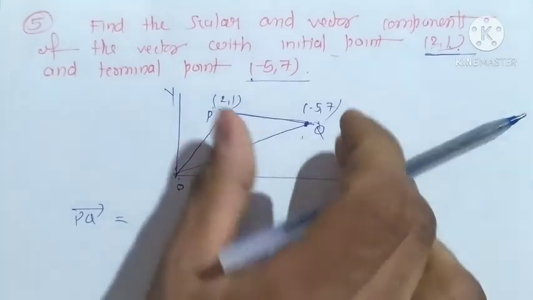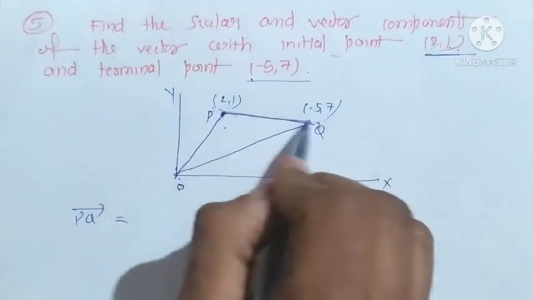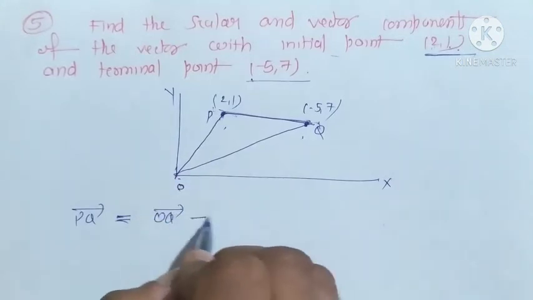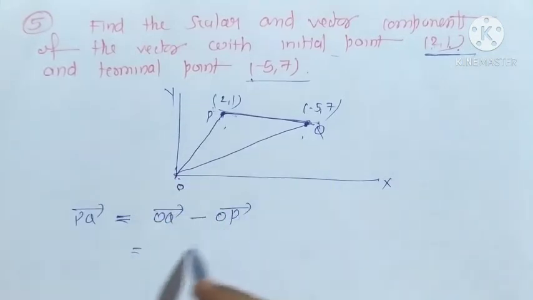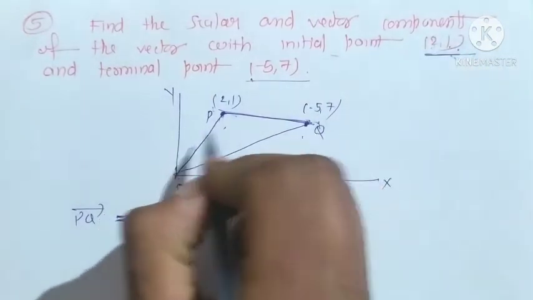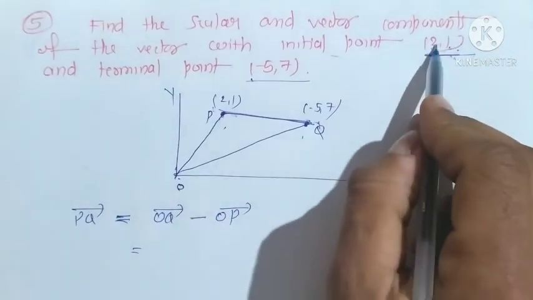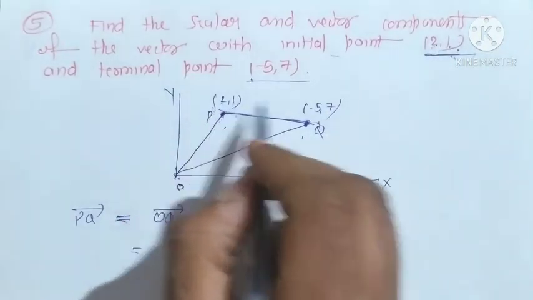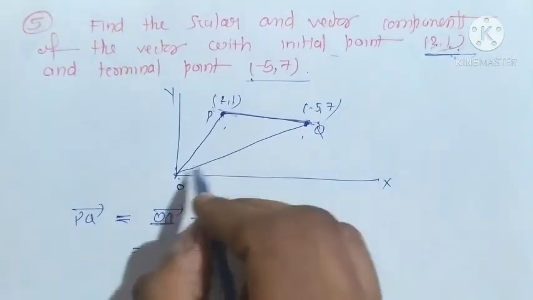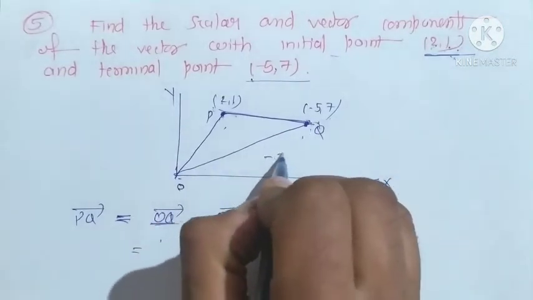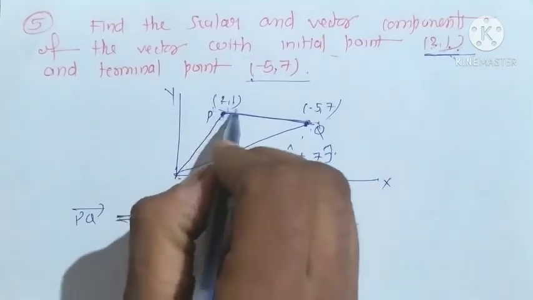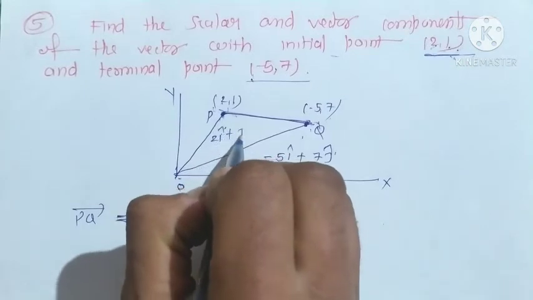Firstly we find the value of this PQ. How do we find it? OQ minus OP. So firstly we write here, this is 2, 1 and this is -5 and 7. So O to Q represents -5i plus 7j, and in vector form OP we can write as 2i plus j.